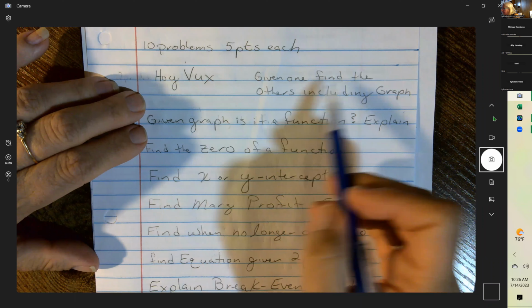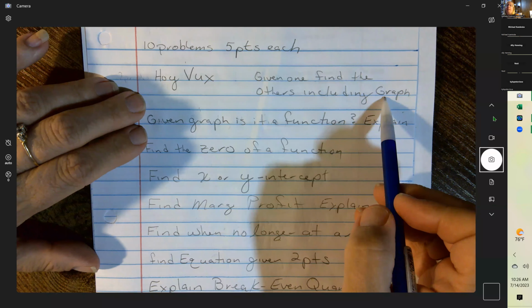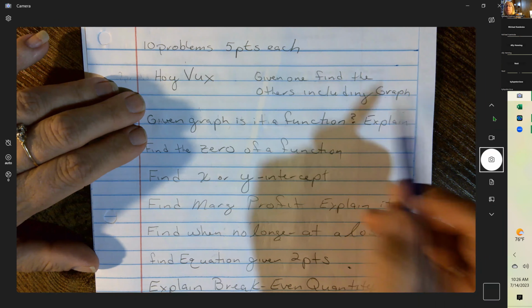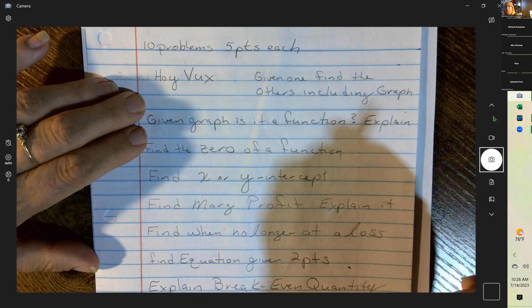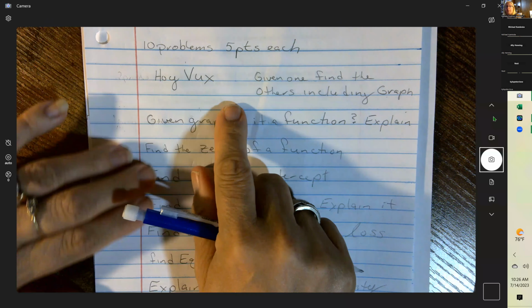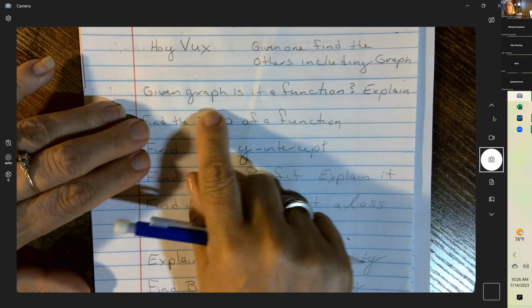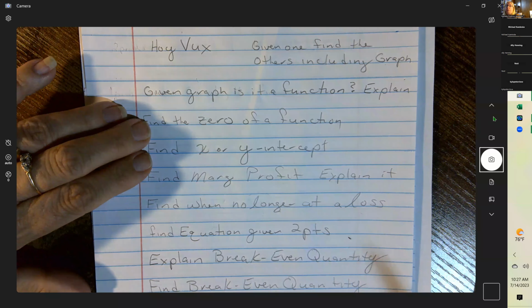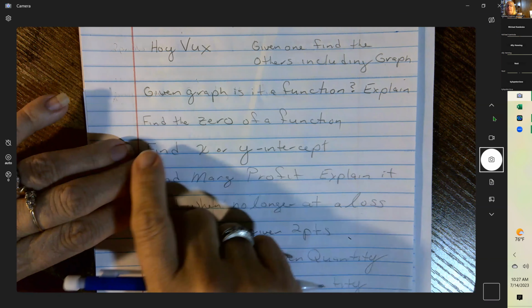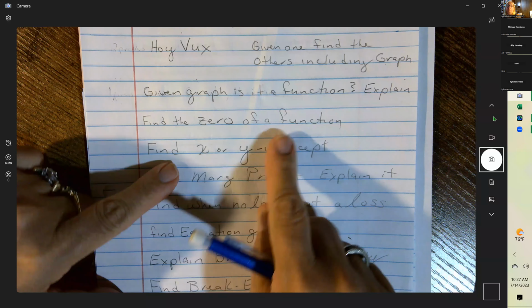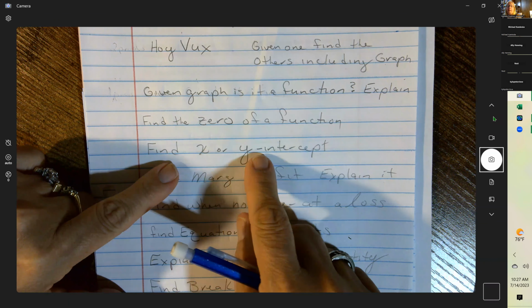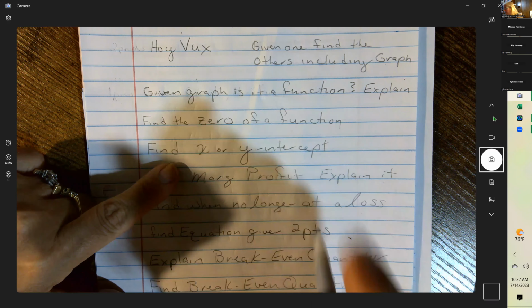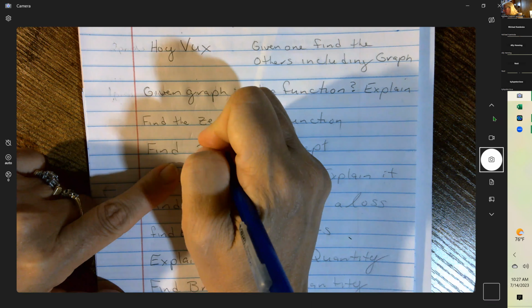Given one, find the other, including one of them will say to graph. So there's 2 like that. Given a graph, is it a function? So is a circle a function? Is a parabola a function? Find the 0 of a function. Find the x or y intercept. Remember, the 0 is the x-intercept.